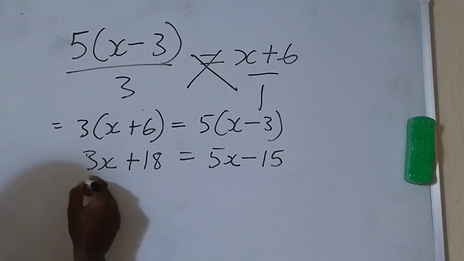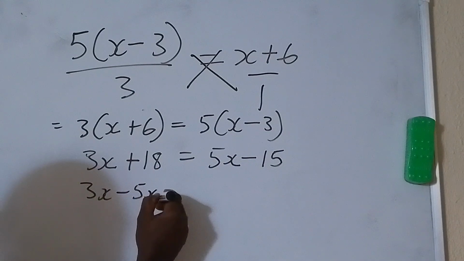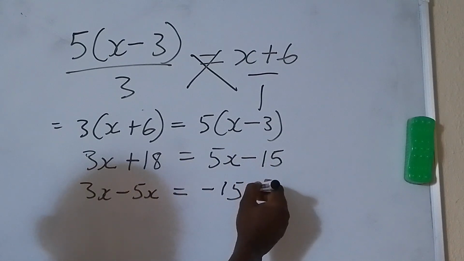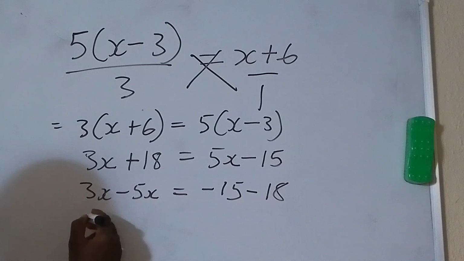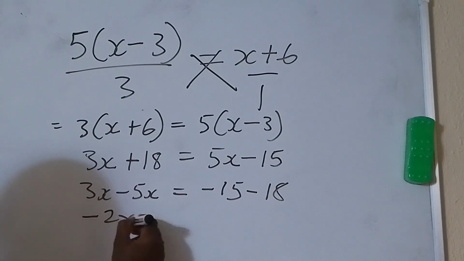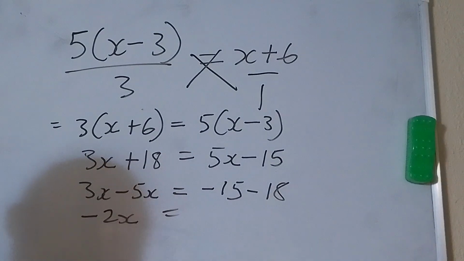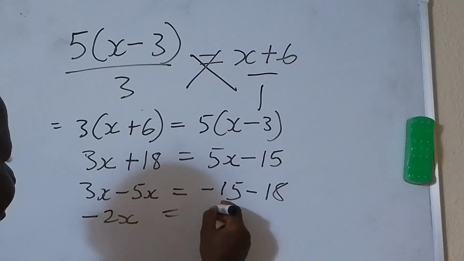So we have there 3x minus 5x is equal to minus 15 minus 18. So here now this gives you minus 2x is equal to minus, we have 18, 19, 20, 21, 22, 23, plus 10 will give you what?